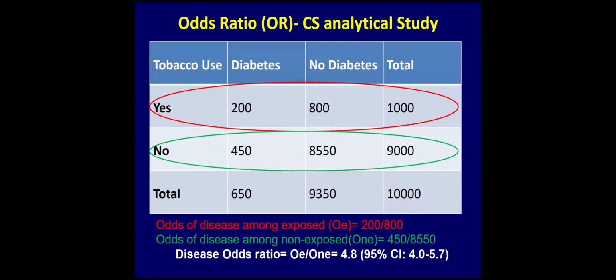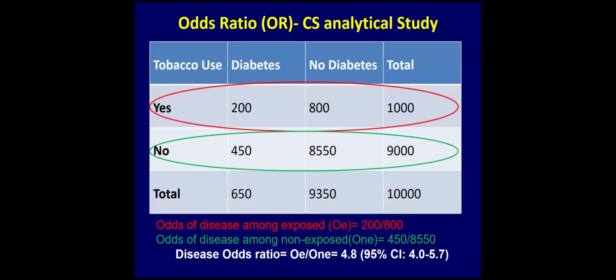Instead, if I go for calculation of odds ratio, what will I calculate? Odds of diabetes among tobacco users, that is 200 by 800. Odds of diabetes among those who are not using tobacco, 450 by 8550. And then I try to get the odds of disease among exposed and odds of disease among non-exposed.